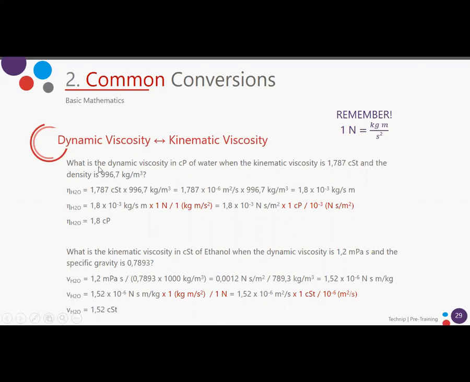So what is the dynamic viscosity in centipoise of water when the kinematic viscosity is 1.787 centistokes and the density is 996.7 kilograms per cubic meter? First step, I want to know the dynamic viscosity, and I have the kinematic viscosity and the density.